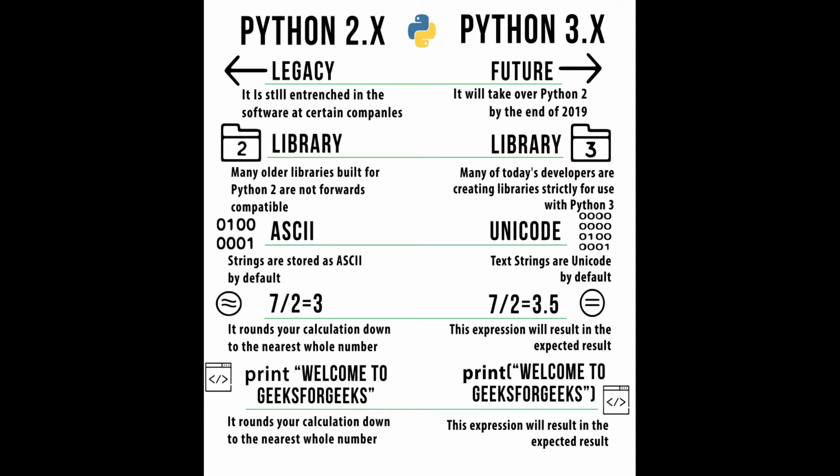In Python 2.x, print is done without parentheses, but in Python 3.x, you need to put parentheses if you want to print a specific statement or message on the output screen. So these are the basic differences between Python 2.x and Python 3.x. Let's jump into the interpreter so that we can look at these differences one by one.